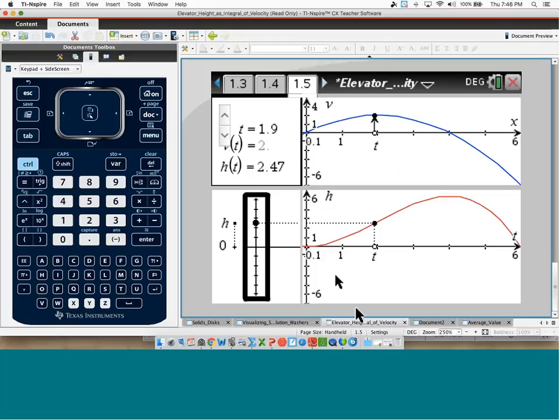So here we have both the velocity and the height at the same time, and you can control both of them simultaneously by the slider, and we can see what's happening. I like that they're right on top of each other. We've talked about them individually, and now we're looking at how they interact together.